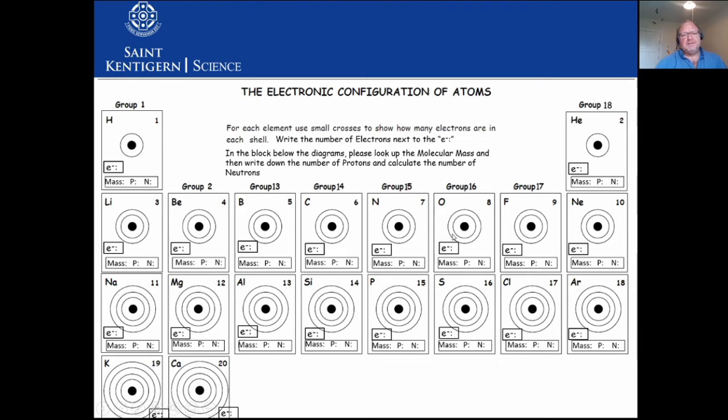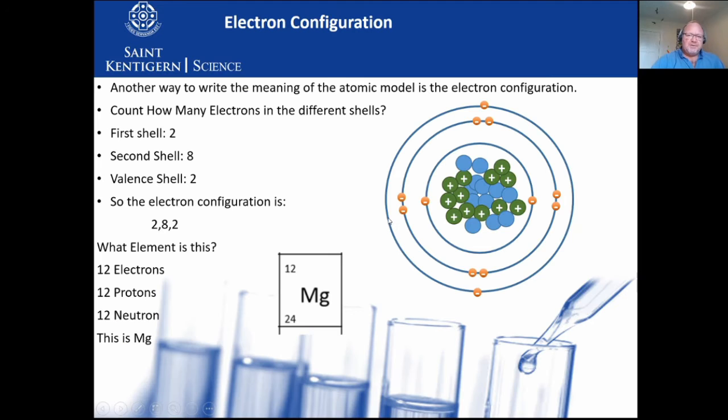Okay. So please do all those drawings for me, but now also for today, I need you to do what's called the electron configuration, and that's what we're going to talk about now. So another way to write the meaning of the model on this side is count how many electrons in the different shells.